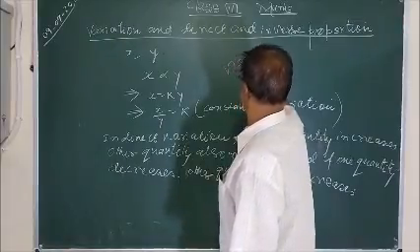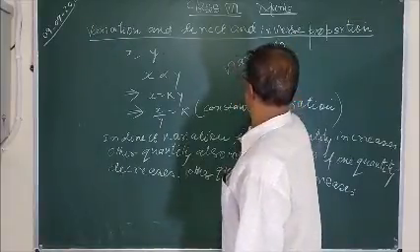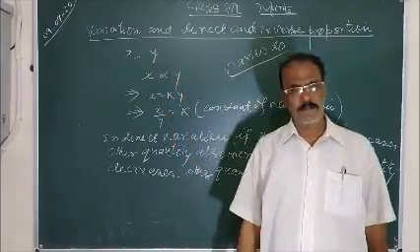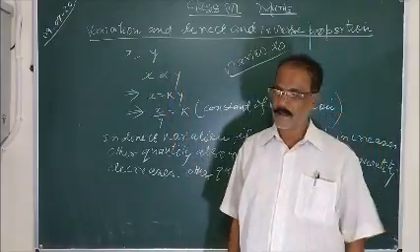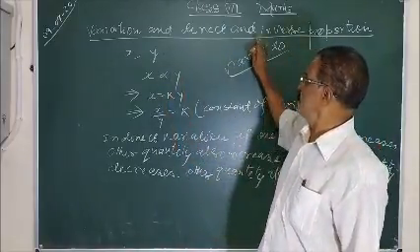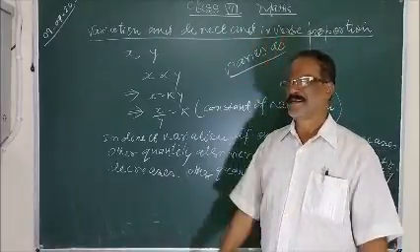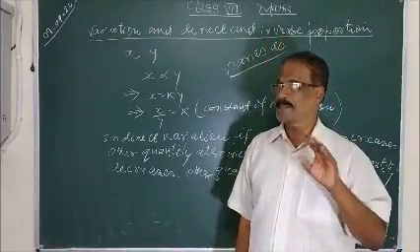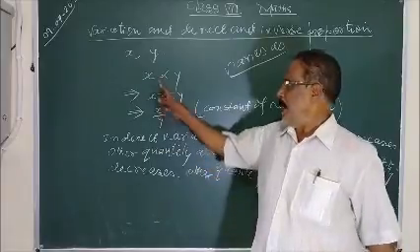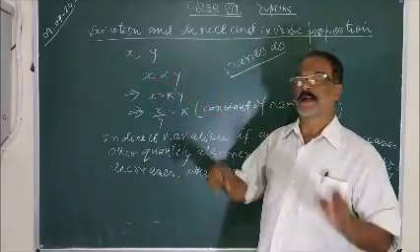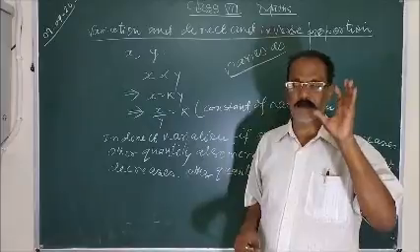Varies as means इसको और भी बोलते हैं डायरेक्टली प्रोपोर्शनल. तो ये जो डायरेक्ट और इनवर्स जो हम पढ़ेंगे, इनवर्स तो अभी हम नहीं बता रहे हैं. तो x is directly proportional to y.